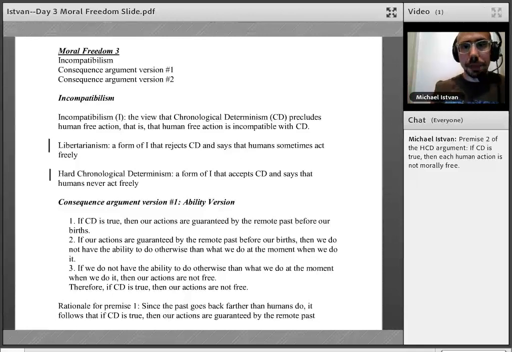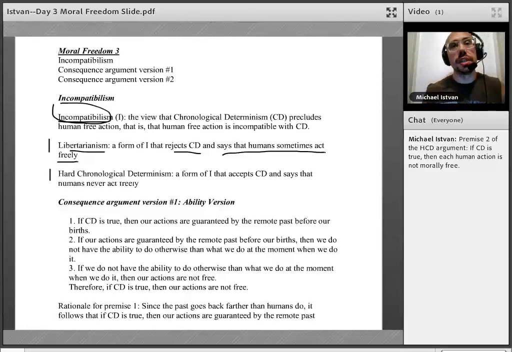So as I say, to repeat, libertarianism is just one form of incompatibilism. It's a form that rejects CD, in other words, premise one of the HCD argument, and accepts that human actions are sometimes free, even though they accept, as incompatibilists, premise two of the HCD argument.